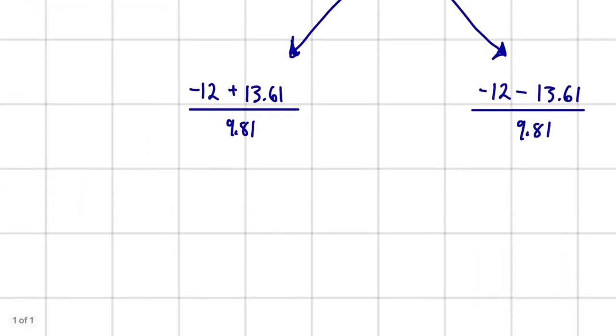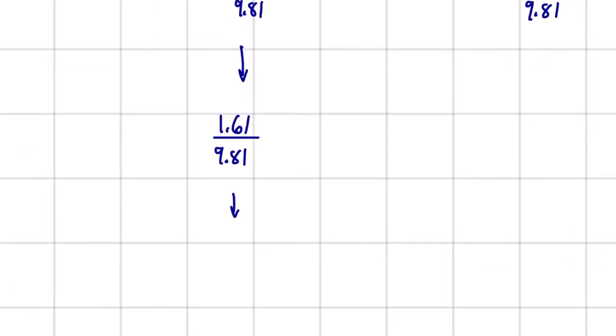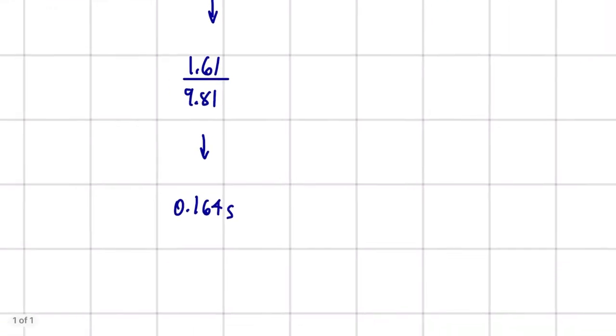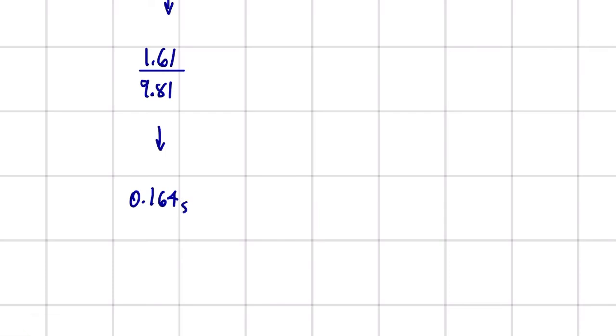And then solving for each of these, we're going to have to solve them both. So 1.61 over 9.81 is equal to 0.164 seconds. And that is the answer for t.